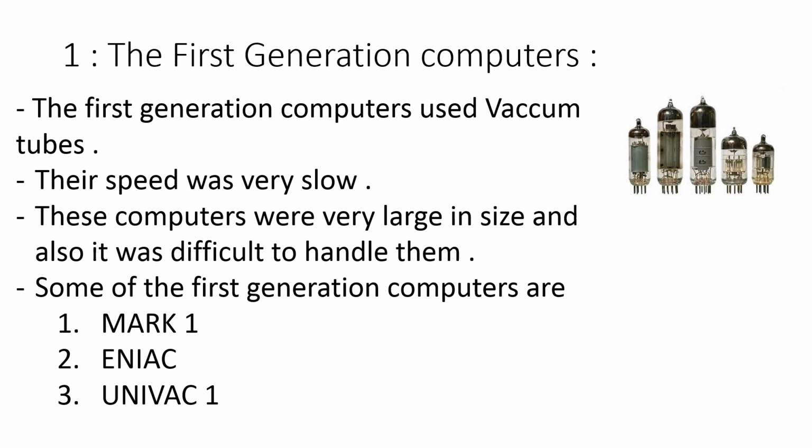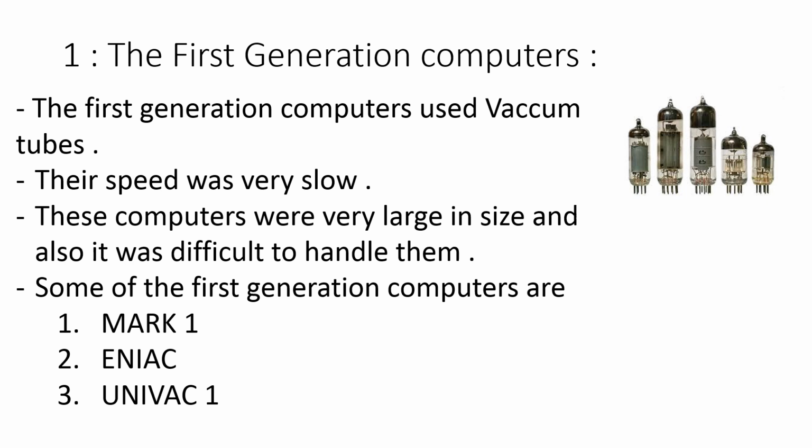So you know how large both engines were. So the very first generation computers used vacuum tubes. Now what are vacuum tubes? A vacuum tube is a device that allows and controls the flow of electric current through all the devices.